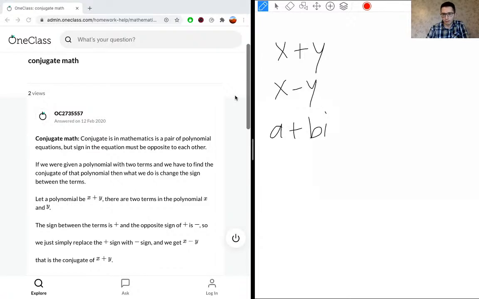This is the format of an imaginary coordinate. The conjugate of this is a minus bi. One thing to note is whenever we have an imaginary root, we always have the conjugate. So conjugate math is useful in that scenario.